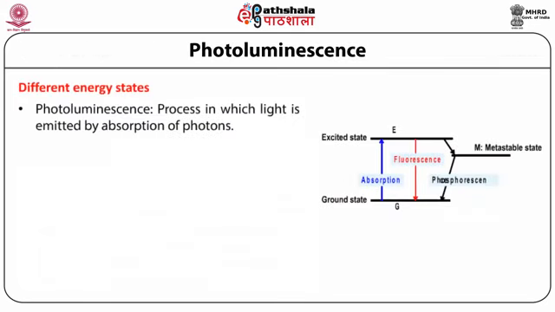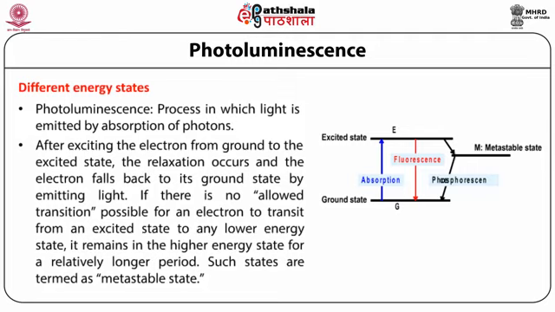Photoluminescence is a process in which light is emitted by absorption of photons. After exciting the electron from the ground state to the excited state, relaxation occurs and the electron falls back to its ground state by emitting light.